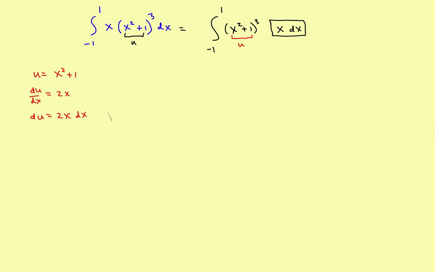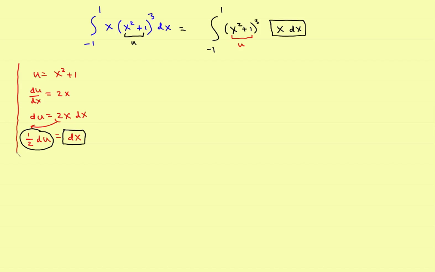Again, I need an x dx and I've got a 2x dx, so I'll move the 2 over here. That gives me 1/2 of du is equal to x dx. Now, I needed an x dx and I've got an x dx, so I'll trade it out for this thing right here. So there's my U-substitution, a little quick box around that.